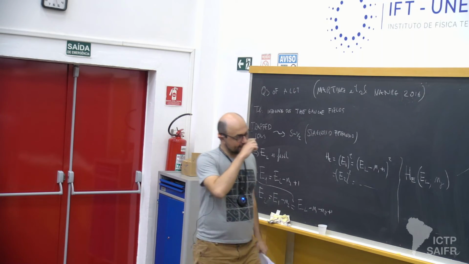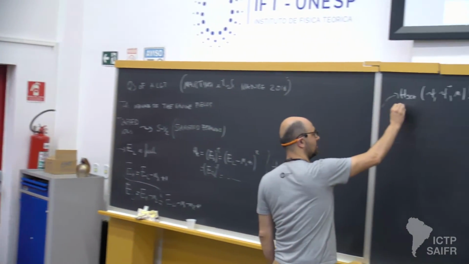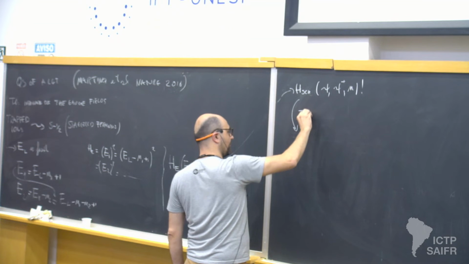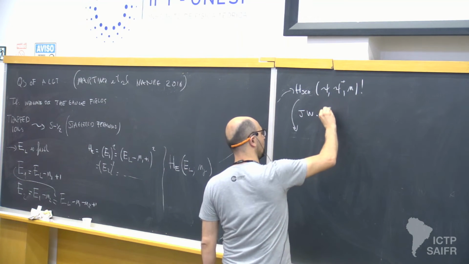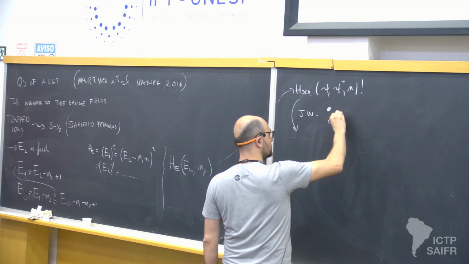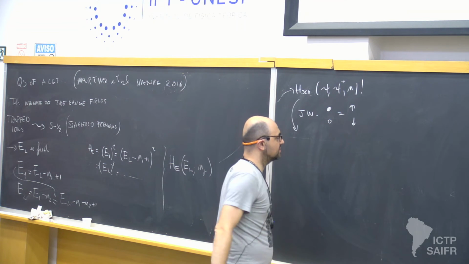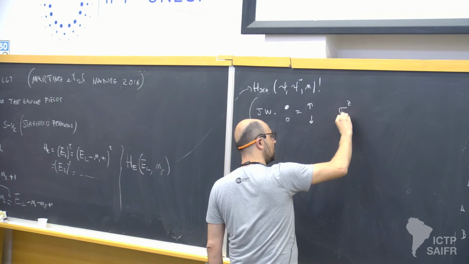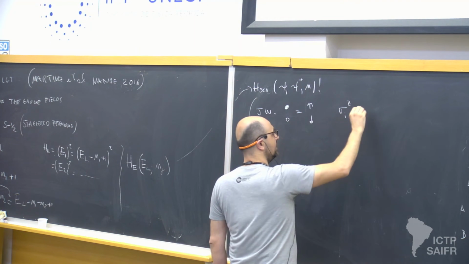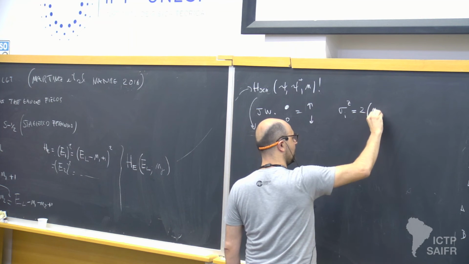So the idea is that we then transform this utilizing what is called the Jordan-Wigner transformation, and the Jordan-Wigner transformation is saying the following. I mean, we are replacing fermions with spin 1/2. So this implies that the spin Z operator at the site i is equal to Ni minus 1/2.